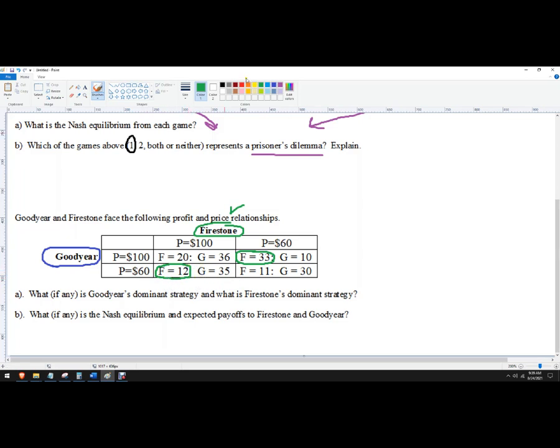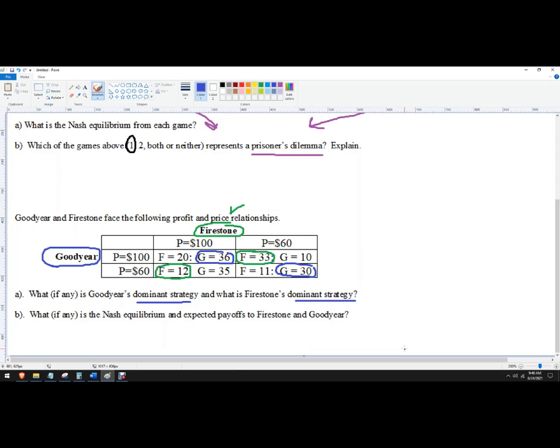Okay, then let's go to Goodyear. If Firestone chooses 100, what's better for Goodyear? That would be to choose 100, because they would get 36 instead of 35. And then over here, if Firestone chooses 60, then Goodyear wants 30 instead of 10. What, if any, is Goodyear's dominant strategy? A dominant strategy is a choice that they're going to pick regardless of what the other player does.